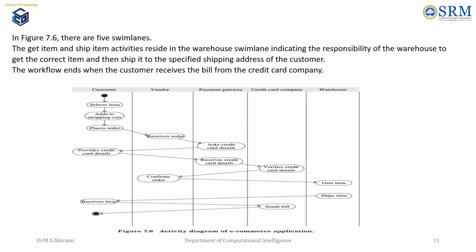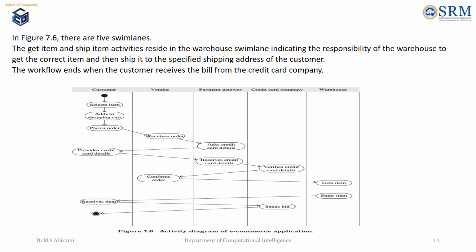Take the e-commerce application. In the swim lane diagram 7.6, that activity diagram is represented where we have the customer, vendor, payment gateway, credit card company and warehouse, and the activities of each and every swim lane are represented clearly in the diagram. For example, the vendor receives an order and confirms the order.